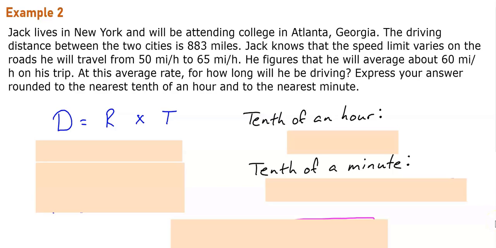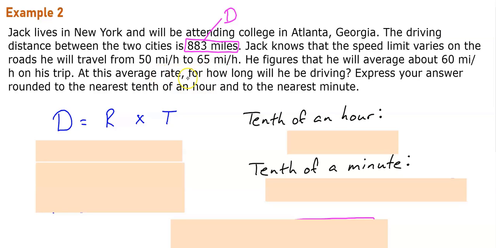Okay, so for example 2, Jack lives in New York and will be attending college in Atlanta, Georgia. The driving distance between the two cities is 883 miles. So we can see that 883 would be our D variable because it's our distance. Jack knows that the speed limit varies on the roads he travels from 50 miles an hour to 65 miles an hour.